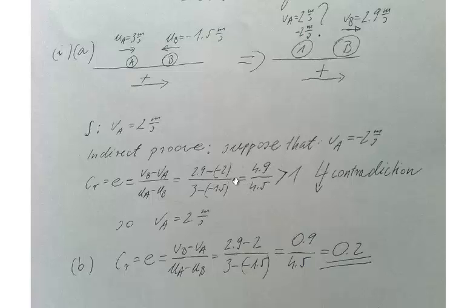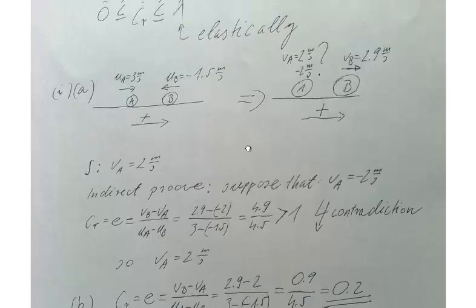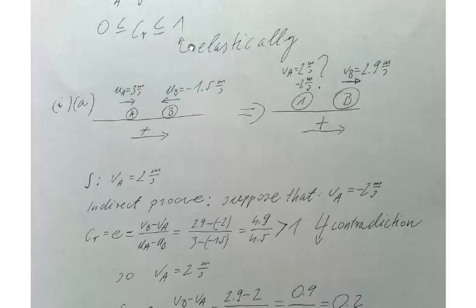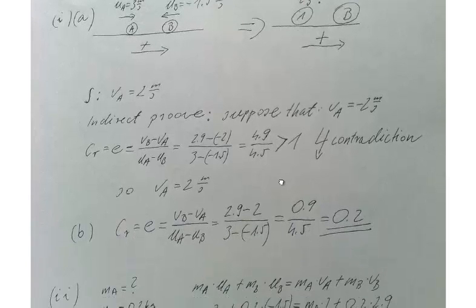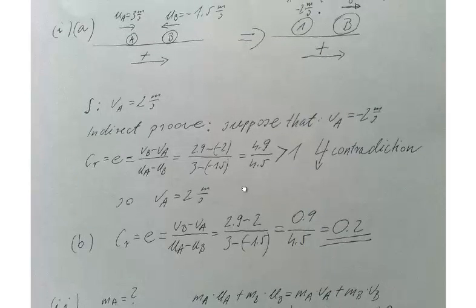It's greater than 1. It's a contradiction, because it should be less than 1 or equal to 1. So VA is equal to 2 meters per second. So the direction of motion of A doesn't change.